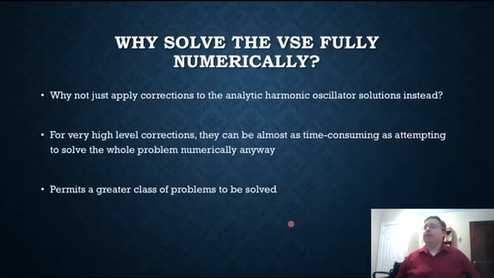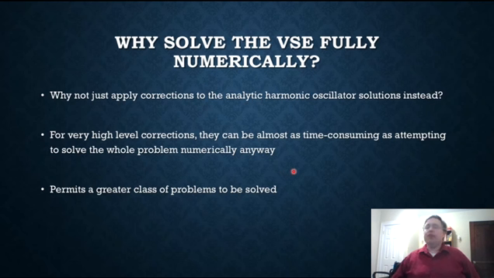So one obvious question you might ask is, why not just continue to work with the harmonic oscillator? Since we have this nice, elegant analytical solution, why not just come up with some corrections to it instead of trying to compute the Schrödinger equation numerically? Well, there's two big reasons for this. For very high-level corrections, if you want, for example, very highly accurate energies, these corrections can be almost as consuming in time and in resources as trying to solve the problem fully numerically anyway.